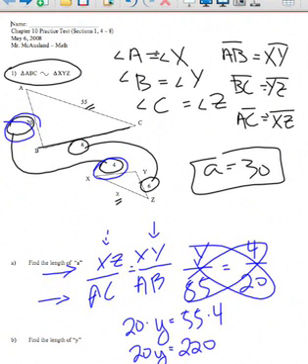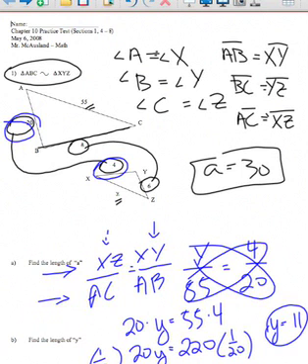We'll multiply by 1 over 20 on both sides, and you're left with Y equals 11. 220 over 20 reduces to 11. So that would be problem A and B.